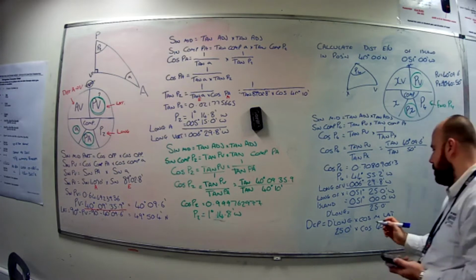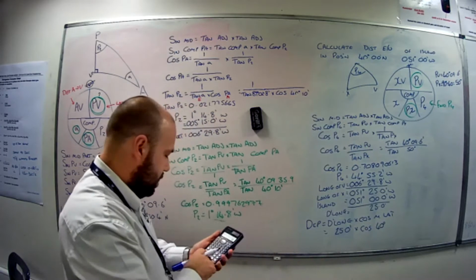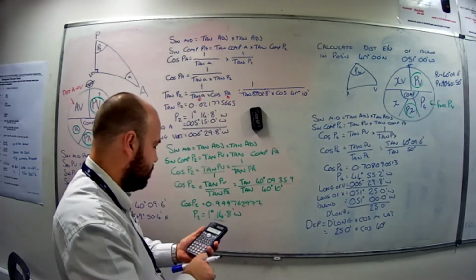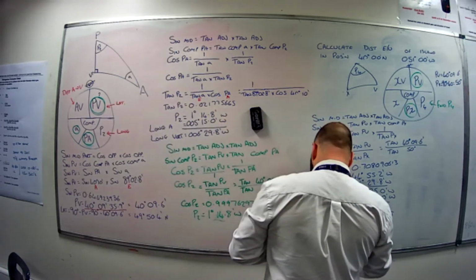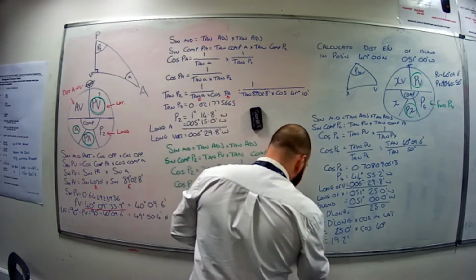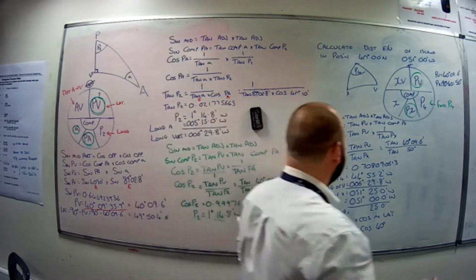So, departure equals d long times cos mean lat, which equals 25 times the cosine of 40 degrees, because that's the latitude we're on, tells us we pass 19.2 miles, because we just go to one decimal place. So the distance equals 19.2 miles.